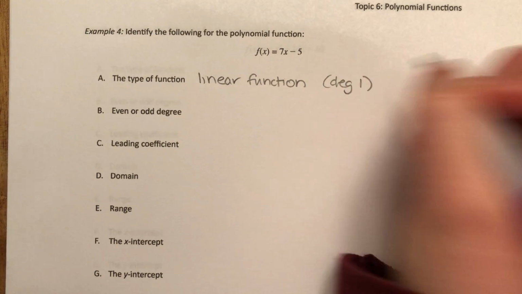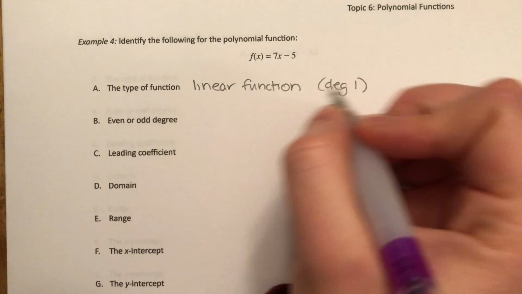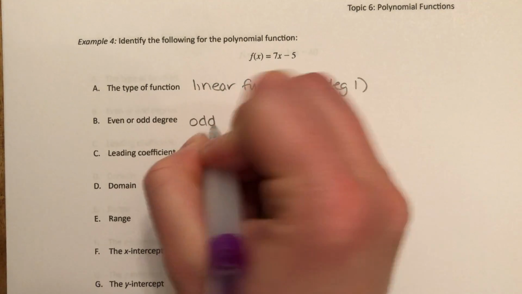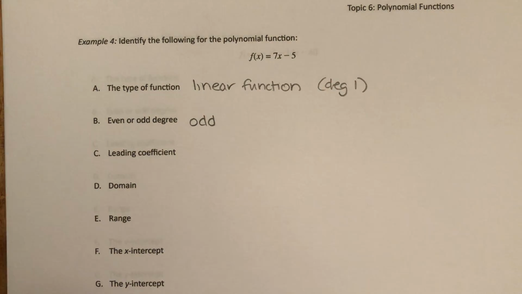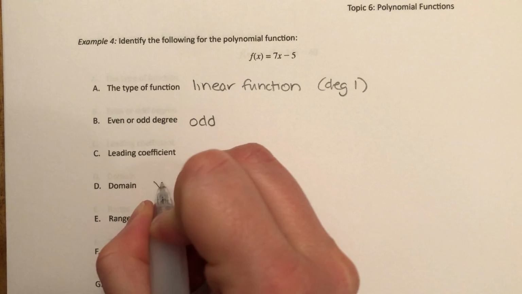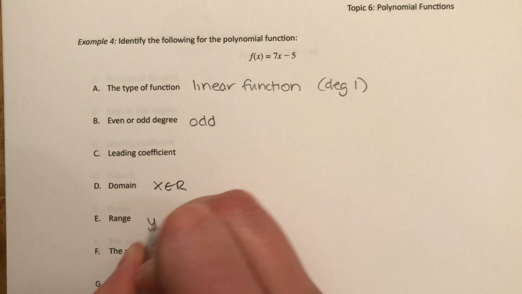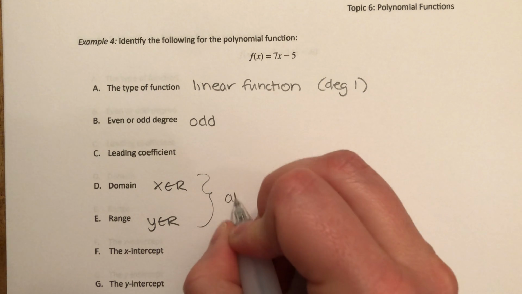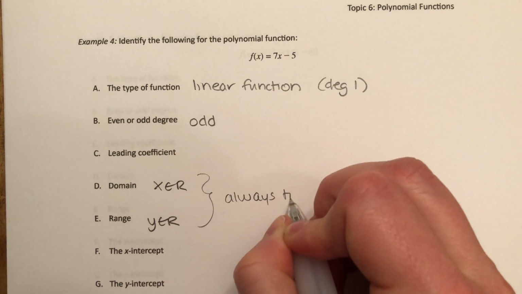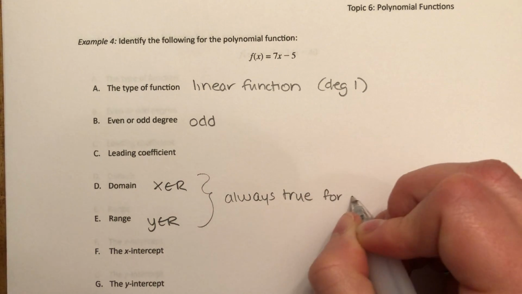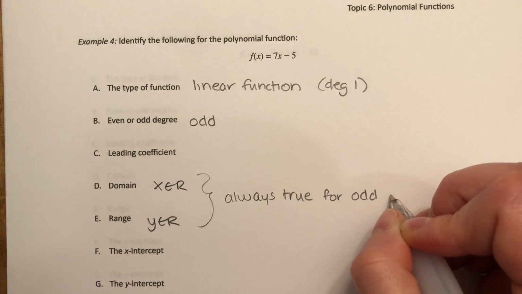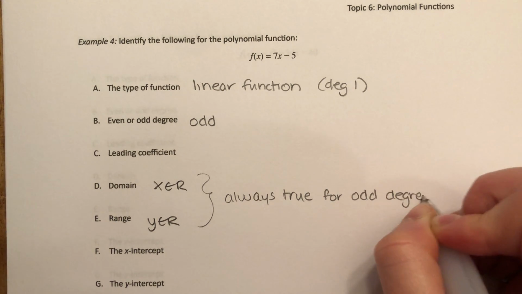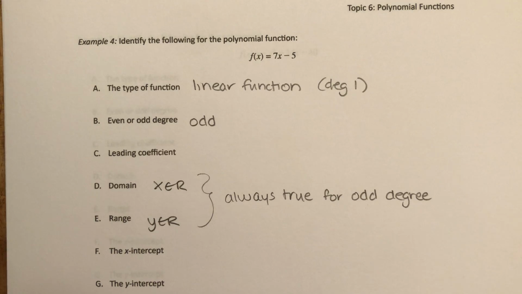Degree 1. 1 is odd, so remember that means it's going to be spanning both directions. So x is all real numbers and y is all real numbers. And this is always true for odd degree. Okay, so odd degree functions.